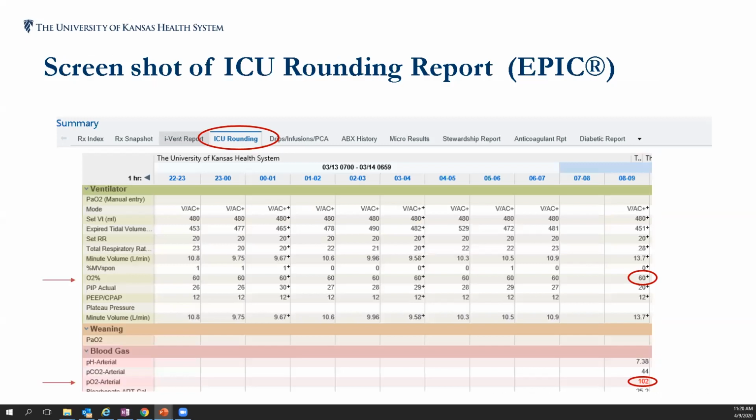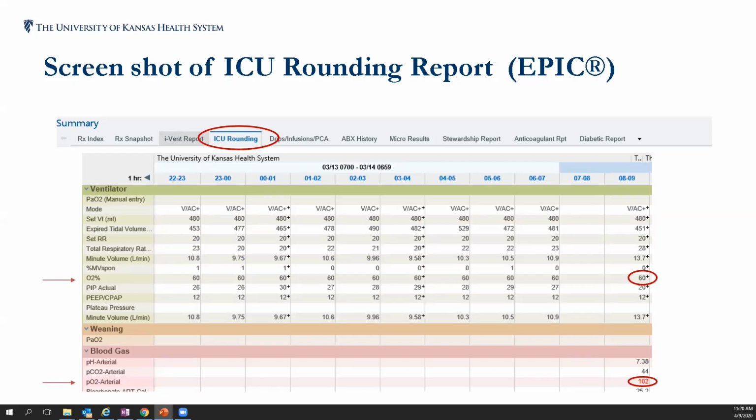So how do you typically calculate a PF ratio? I've included a screenshot of our ICU rounding report. At KU, we use EPIC as our EMR. As you can see here, under our ventilator needs, the PaO2, which stands for partial pressure oxygen, is the measurement of oxygen in your blood, and the FiO2, which stands for the fraction of inspired oxygen, is the concentrated oxygen inhaled.